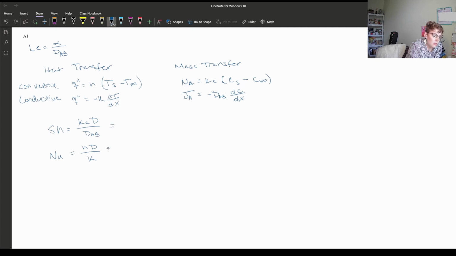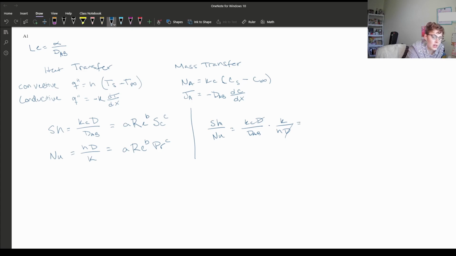And then we also define these with further dimensionless variables with the relationship of A times the Reynolds number to some power B times the Schmidt number to some power C. And the Nusselt number was defined as A times the Reynolds number to some power B times the Prandtl number to some power C. And so right away, when we look at the relationship between these two numbers, we get that the Sherwood number over the Nusselt number is equal to the mass transfer coefficient times the distance over the mass diffusivity constant, and then times the conductivity over the heat transfer coefficient times the distance or diameter.